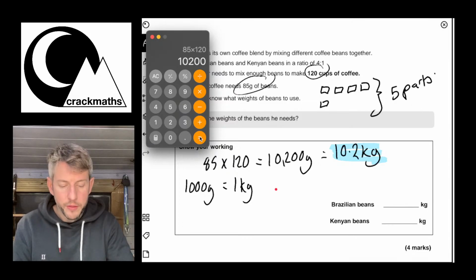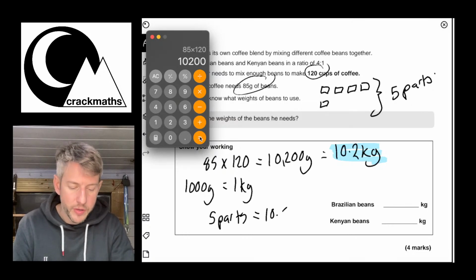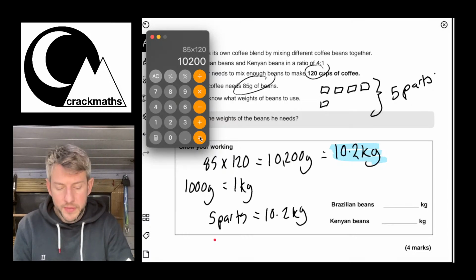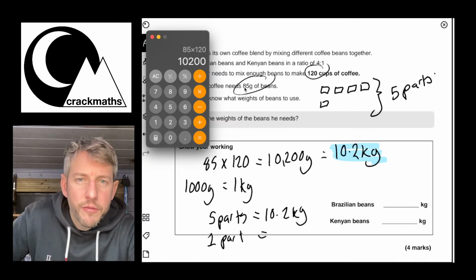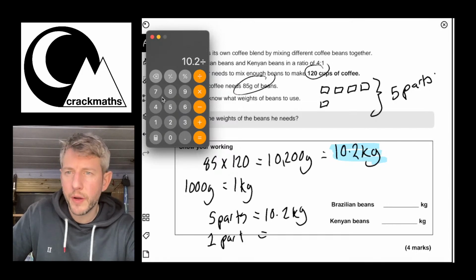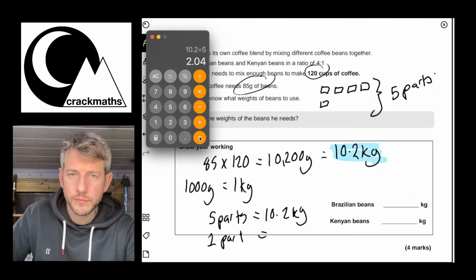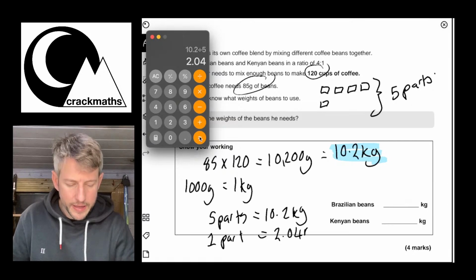So the 5 parts of the ratio need to equal the 10.2 kg. If I divide this by 5 to get 1 part, 10.2 divided by 5 is 2.04 kg.